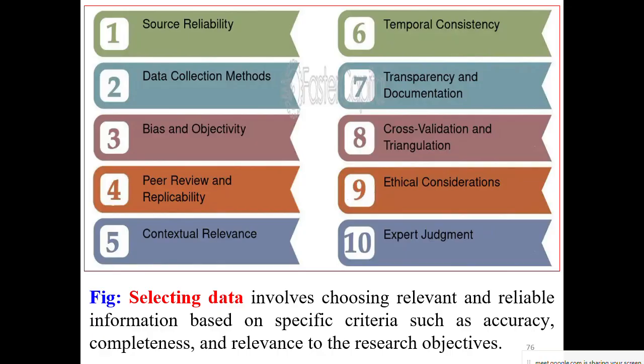Bias and objectivity, peer review and replicability, contextual relevance, temporal consistency, transparency and documentation, cross validation and triangulation, ethical considerations, expert judgment, etc. These are the various aspects. Selecting data involves choosing relevant and reliable information based on specific criteria such as accuracy, completeness, and relevance to the research objectives.